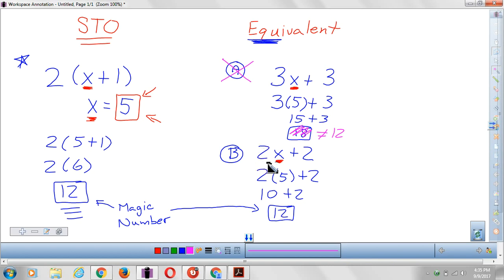And right here, you can see that they match, and therefore choice B is equivalent with the original expression. This expression right here must be equivalent to this expression right here, because this one gave me a 12, and this one also gave me a 12.